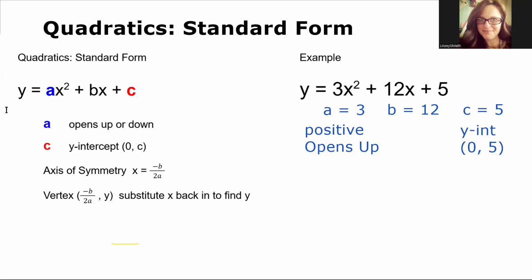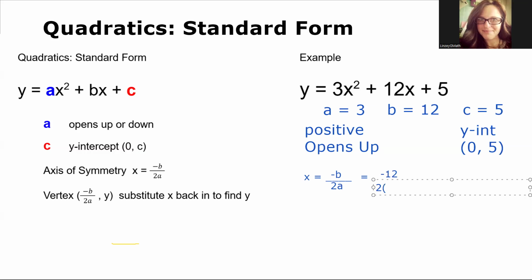Let's take a look at the axis of symmetry, the x coordinate of the vertex. x is equal to negative b over 2 times a. B is 12. The negative is part of the formula, negative 12.